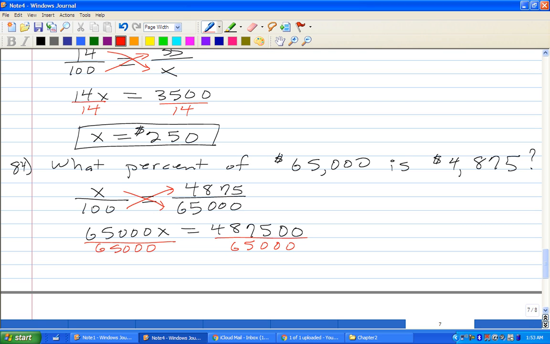And so x is equal to 7.5, and that's the percent. And so what percent? 7.5%. That finishes off section 2.5.